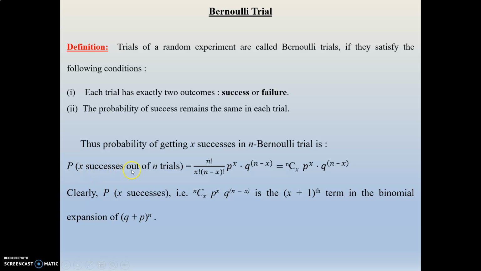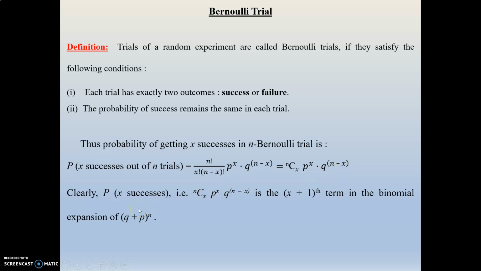Probability of x successes out of n trials can be represented with n factorial upon x factorial into n minus x factorial into p raised to x into q raised to n minus x. This is the combination formula we already studied last year. So nCx p raised to x into q raised to n minus x.